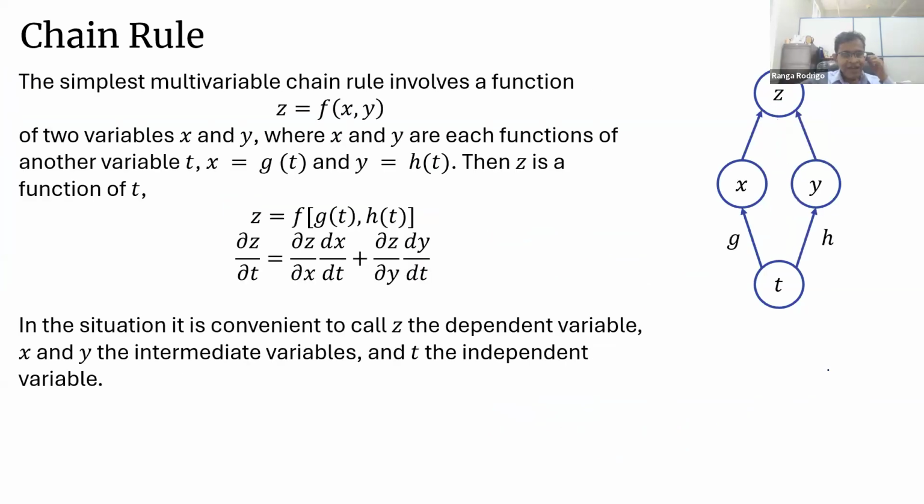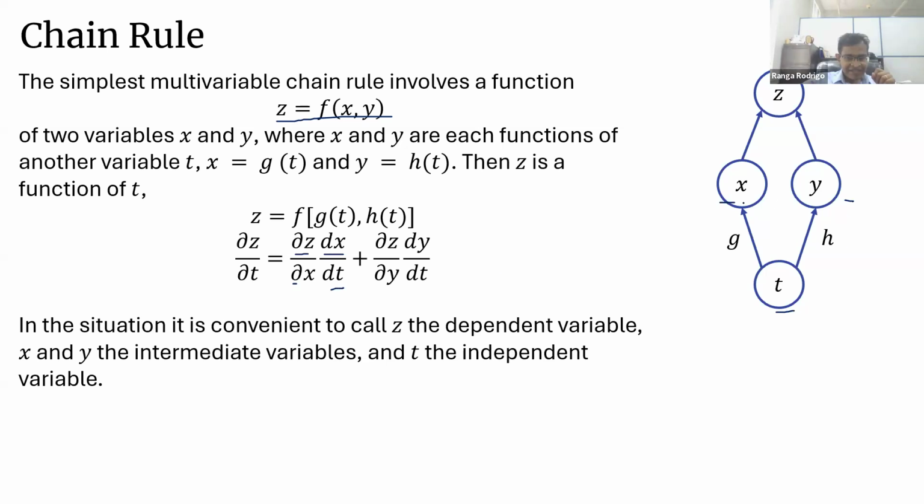But when you have multivariate chain rule, for example, when z is a function of x and y, and through g and h, these are functions of t, then the partial derivative of z with respect to t is the partial derivative of z with respect to x times dx by dt.